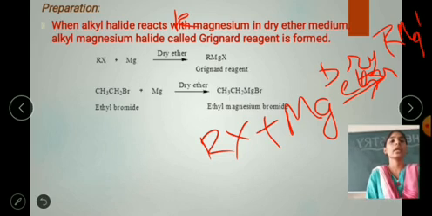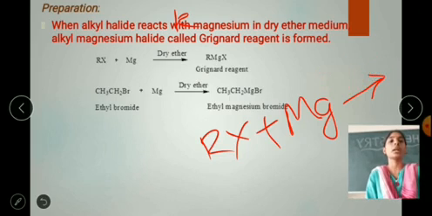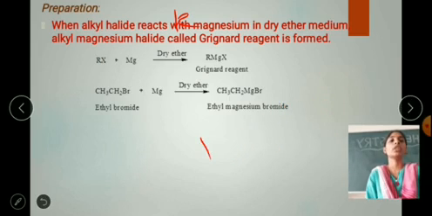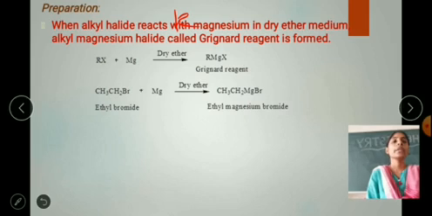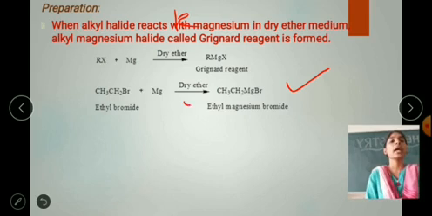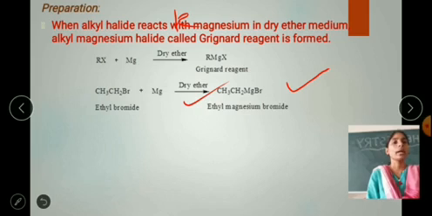Here you can see the reaction. Here is one example: ethyl bromide is treated with magnesium in dry ether medium to form ethyl magnesium bromide. This is an organometallic compound example.